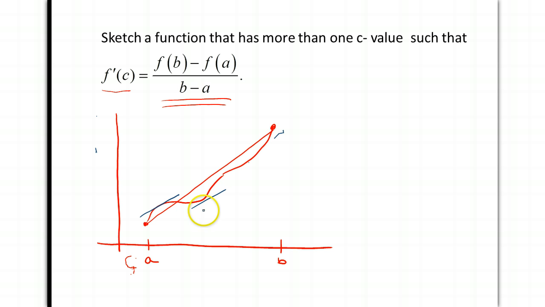Here's another one right here. Here's yet another one. Here's another one right here. And then it looks like yet another one under here. So it didn't line up exactly, but you can see that it looks like I have 4 c values where the slope at each of those c values is the same as the slope of the secant, which is in red.